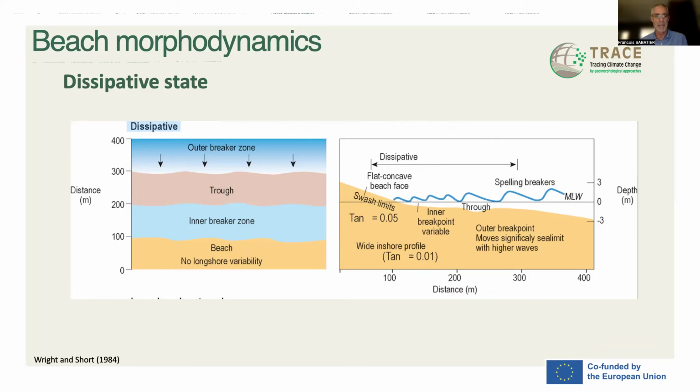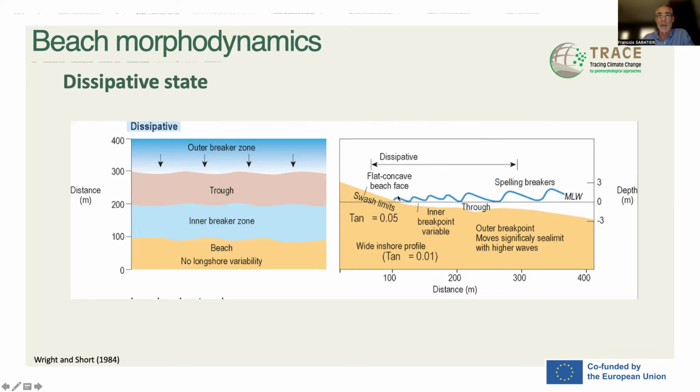The first one is when the morphology of the beach is what we're calling dissipative state. In that case, beaches are exposed to energetic waves, often with relatively long periods. Waves start to break here. They start to break very far away from the shoreline, and the surf zone is very wide.